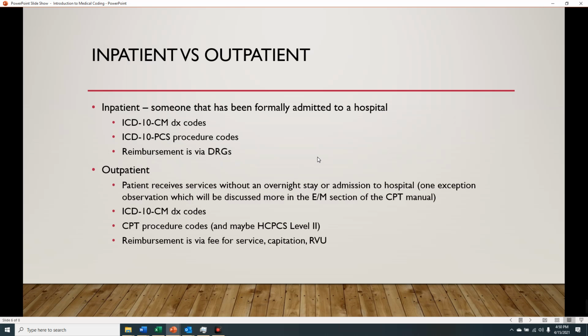So with that, we really need to know the difference between what an inpatient and an outpatient is. It's pretty simple: there's just one little term that tells us if the patient is inpatient or outpatient, and that is if we know that the patient has been formally admitted to a hospital, usually meaning that the patient spends the night.